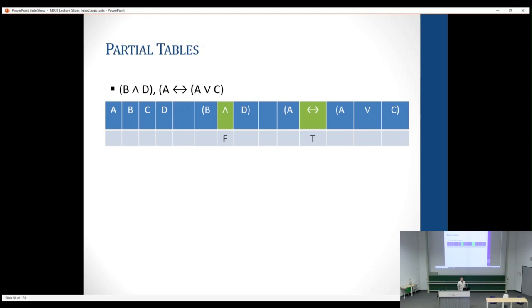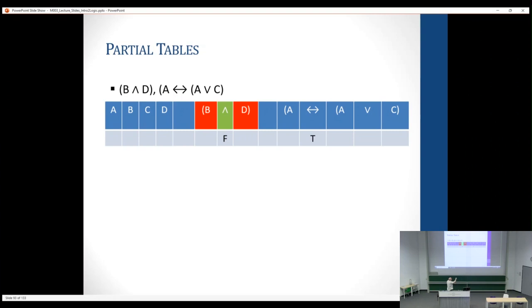What will we need for it to be true? Well, if we want to make it true, we want them to have the same value. Okay. So let's think. What's an easy way we could go here? If we make A true and everybody else false, what happens?